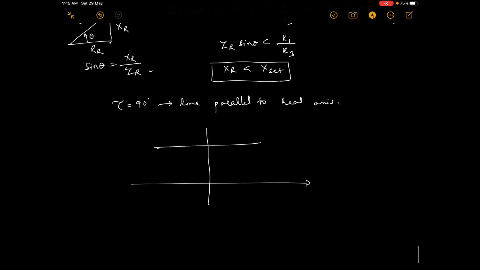This is our distance, which is resistance, and this is reactance. Below this line it operates.